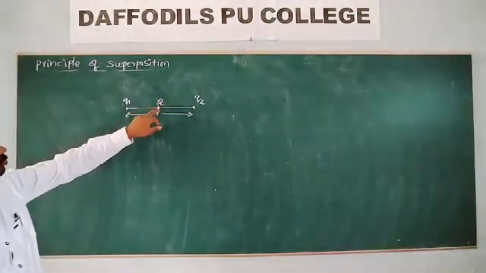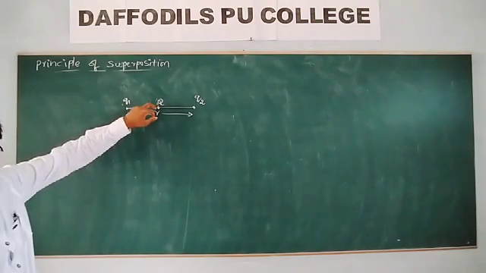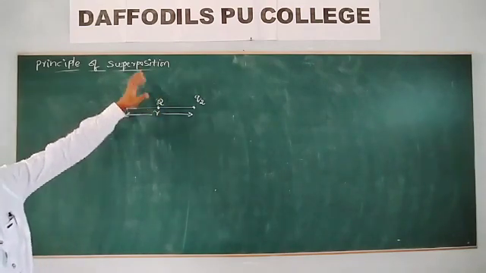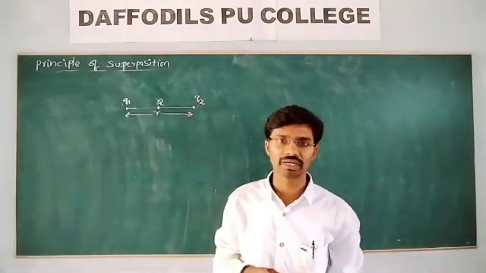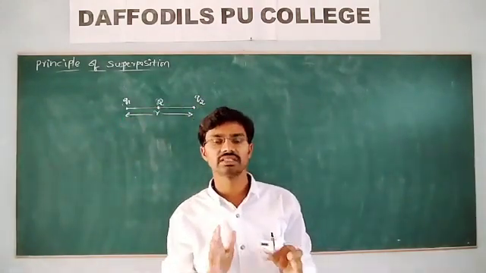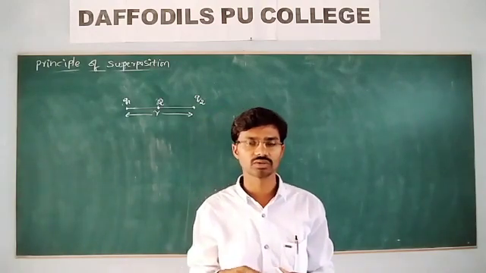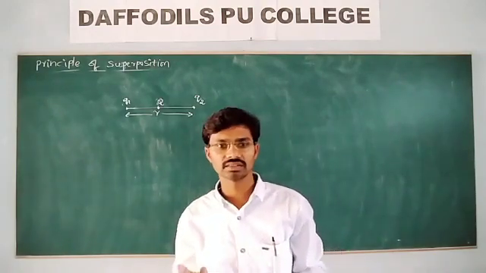Then what will be the value of this charge so that the system is in equilibrium? Tell me, system to be in equilibrium means what? Resultant force is 0. Resultant force on any one charge due to the remaining charges is 0.